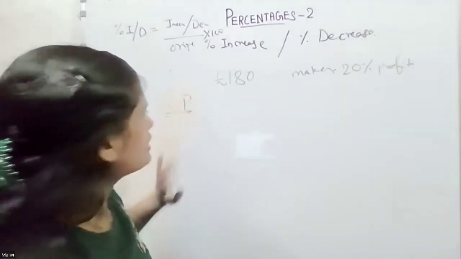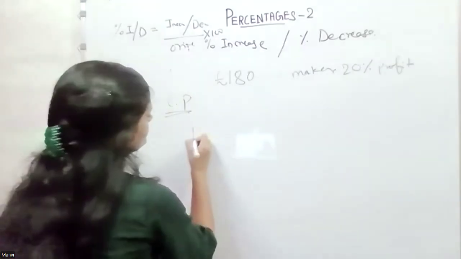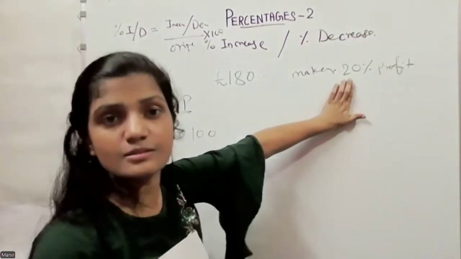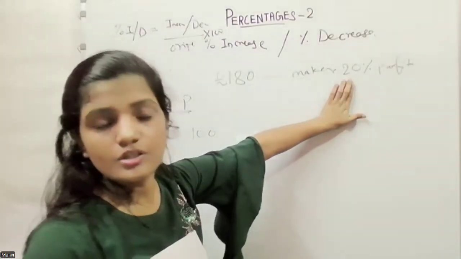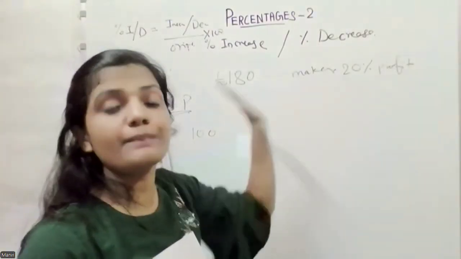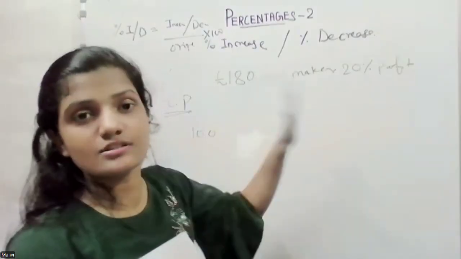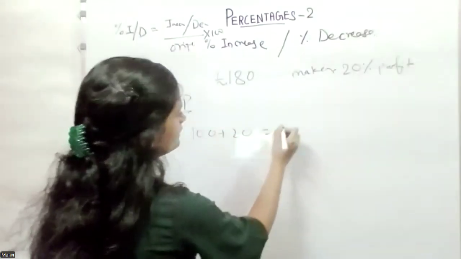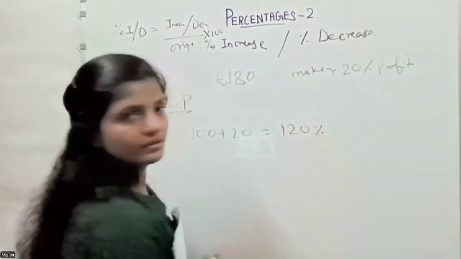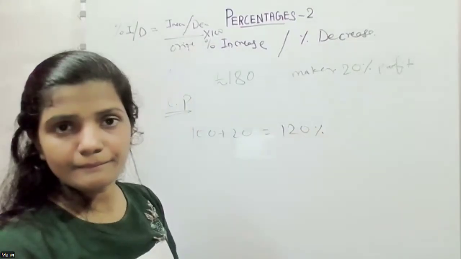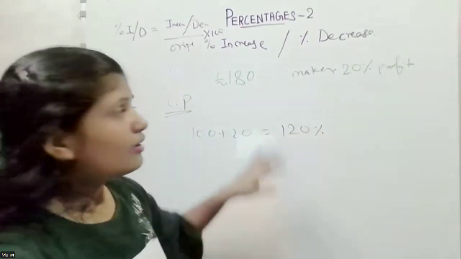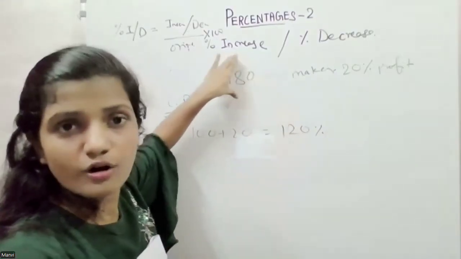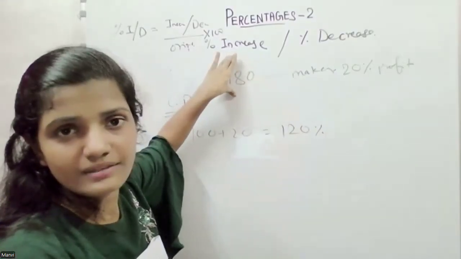If we have 100 as the cost price and we are gaining 20% profit, the selling price will be 100 plus 20, which is 120%. Yeah, I remember this. And this 120% equals this 180 because this is the selling price of the bike.